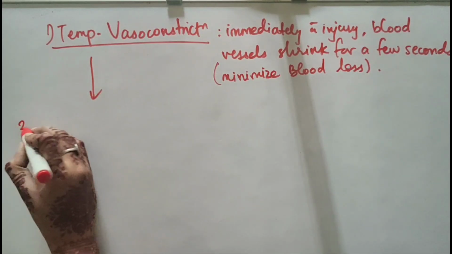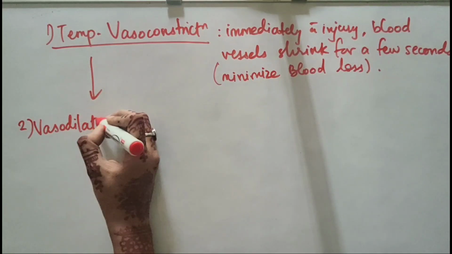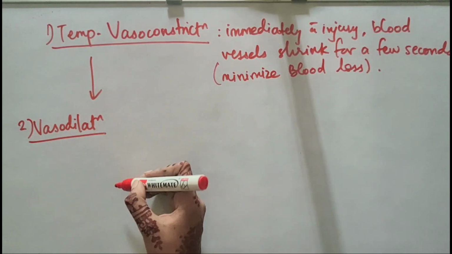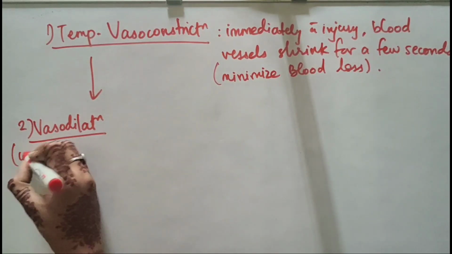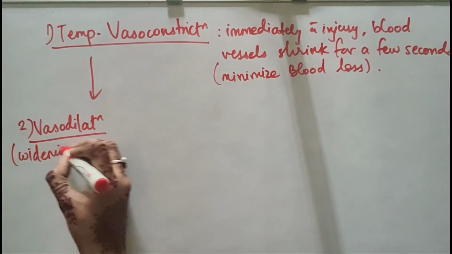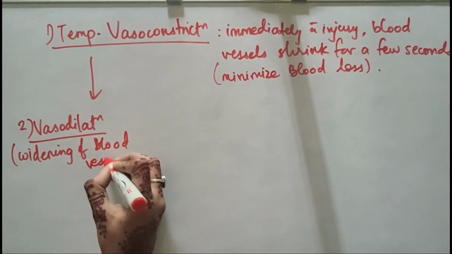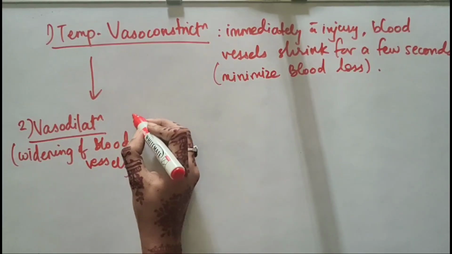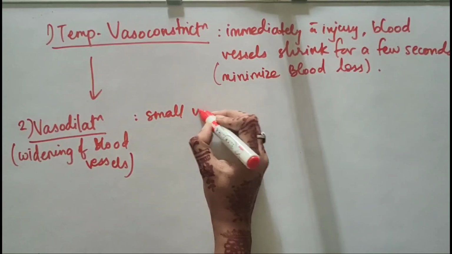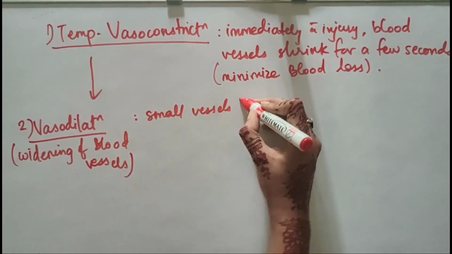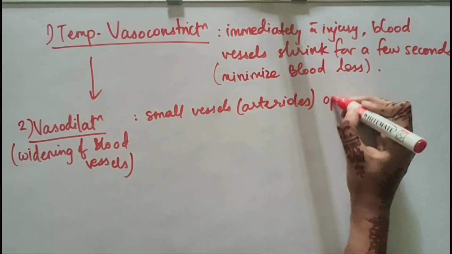The next step we have is vasodilatation. What happens? What is vasodilatation? It is the widening of blood vessels. What happens over here is the small blood vessels, you can say the arterioles, they open up.